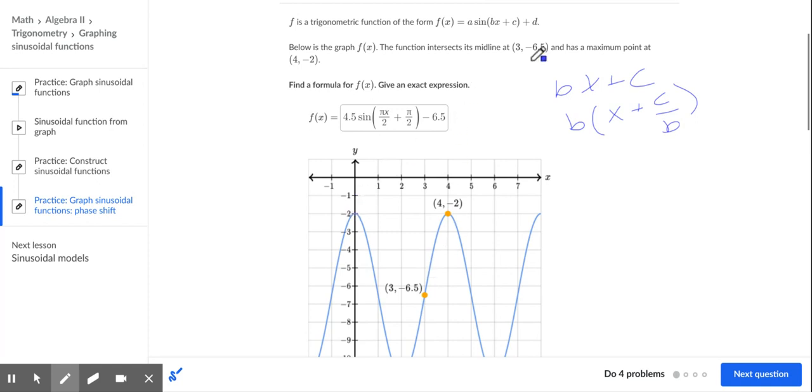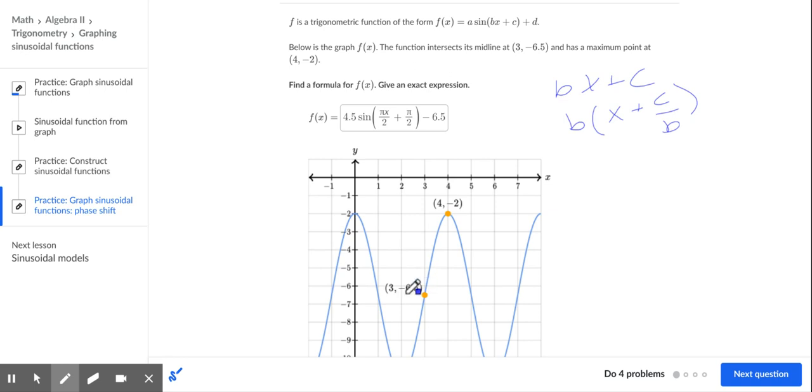We're given that this is where we cross the midline, so that's where this number comes from. That's the easy part, right? We cross the midline at this point, so that y value is going to be our midline. We're given a maximum, so the y distance between the maximum and the midline is the amplitude.